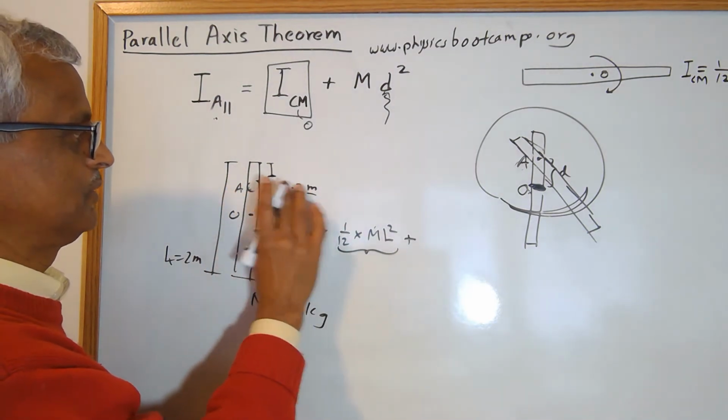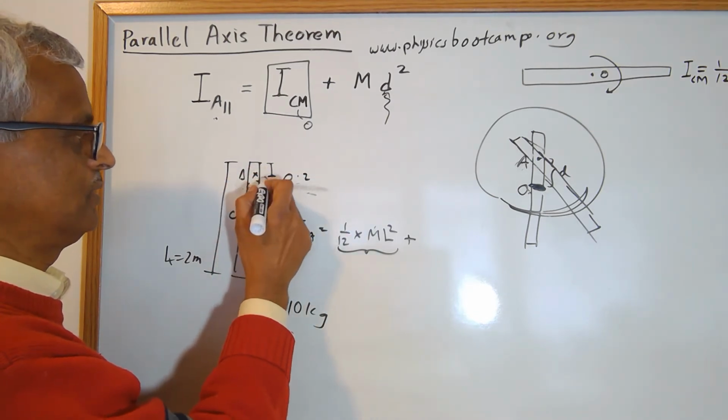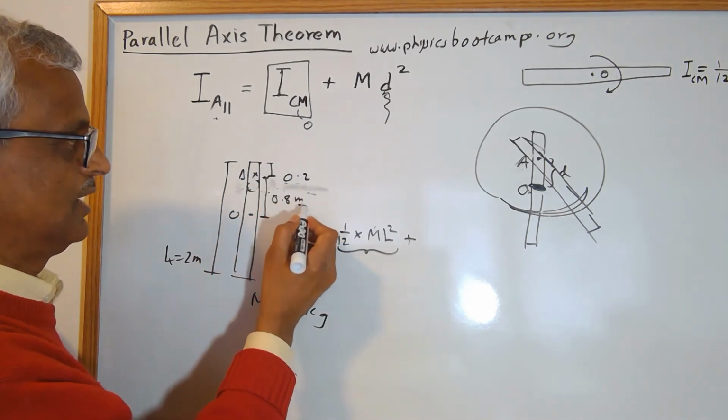A is much closer to the end, 0.2 meter. The whole distance to the center is 1 meter, so 0.8 meters, that's the d.